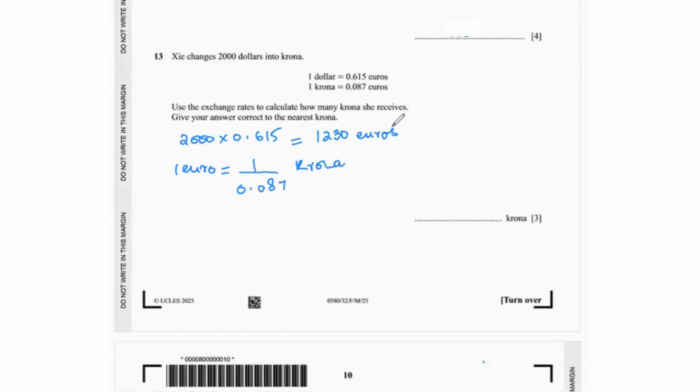So now for 1230 euros, we will divide 1230 by 0.087, and that is going to give us 14,137.98 krona. Give your answer correct to the nearest krona, so that's going to be 14,138 krona. That's the value correct to the nearest krona.